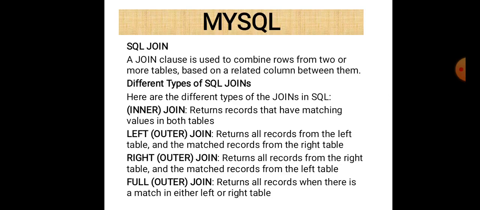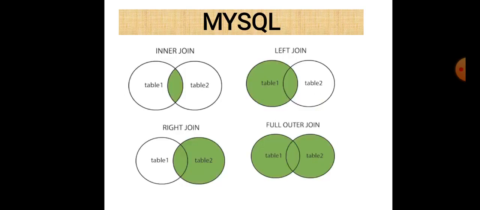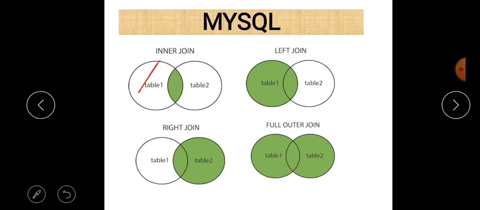So basically inner join and outer join, and in outer join there are again three categories: left, right, and full outer join. This is the example you can easily see here. This is table 1 and table 2. The green area shows the common records that are found in both tables.